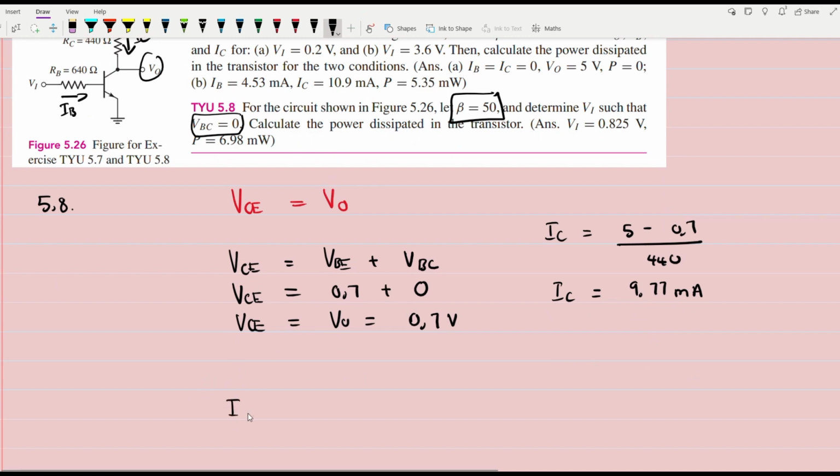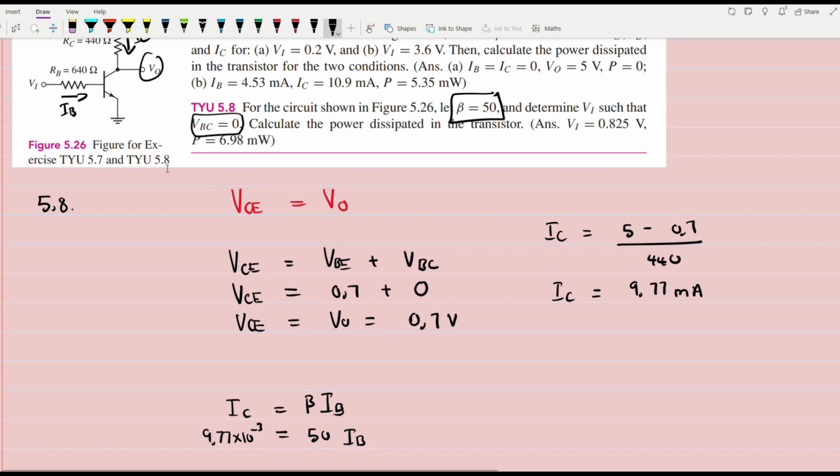IC is equal to 50 multiplied by IB, and IC is equal to 9.77 multiplied by 10 to the power of -3.